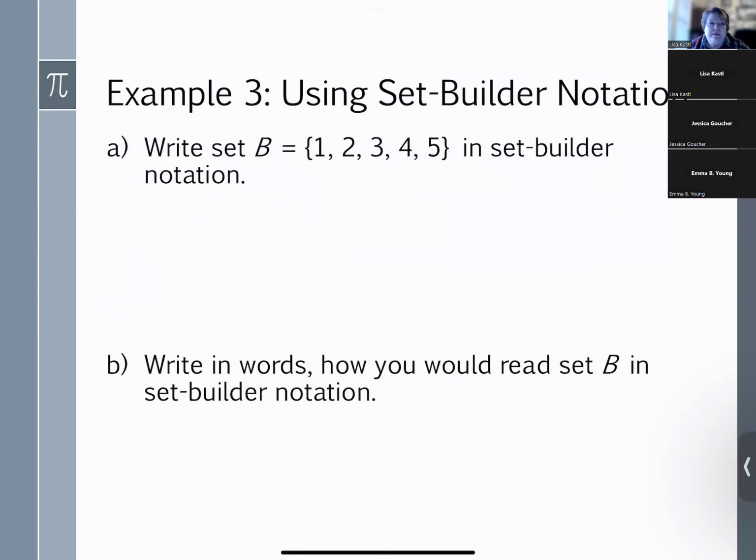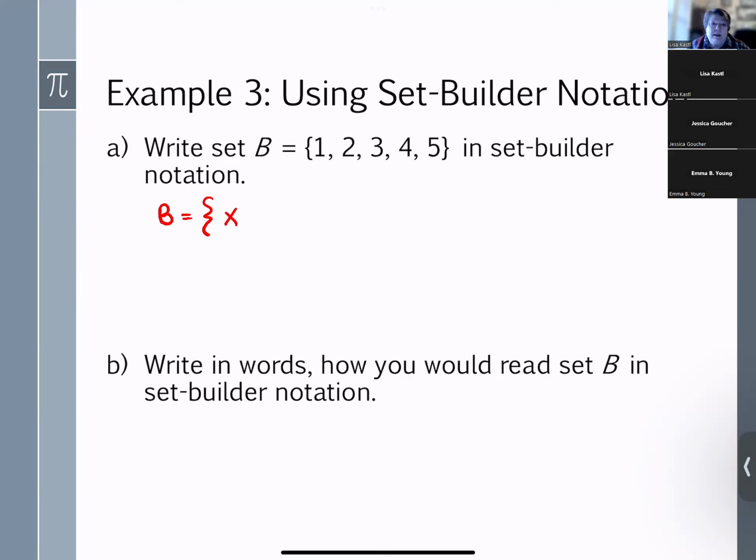So let's write a set in set builder notation. So we have the set B that consists of the numbers 1, 2, 3, 4, and 5. So how could we write that in set builder notation? Well, let's just get started. We're going to write B equals and open a brace, and then we're going to give it a variable name.